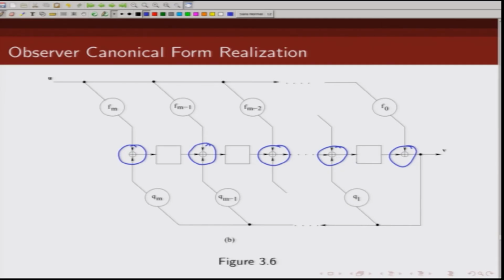Whereas, in the controller canonical form, the leftmost term was f0 and the rightmost was fm. Here it is just opposite. So, you can see this is f0 term, f1 term, f2 term, and similarly in the denominator you can see this is q1, this is q2, like that this will be qm. Same generator matrix can be realized using two different forms.